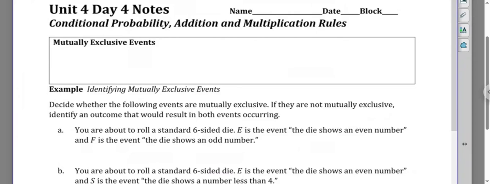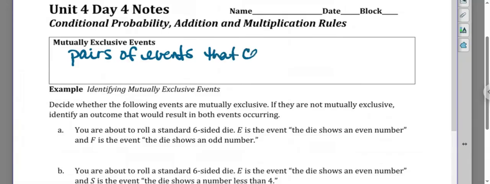So, mutually exclusive events. Pairs of events that cannot occur simultaneously.